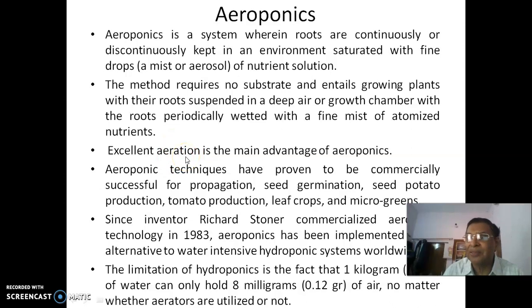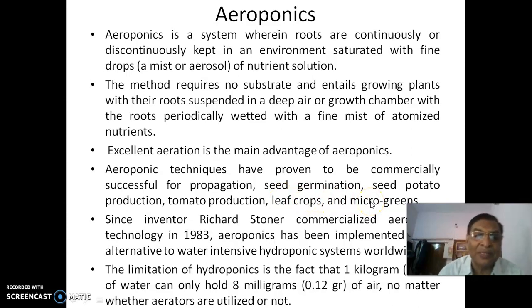Even in hydroponics, though you are running water to the root system, aeration is still required. Aeroponic techniques have proven to be commercially successful for propagation, seed germination, seed potato production, tomato production, leaf crops, and microgreens.